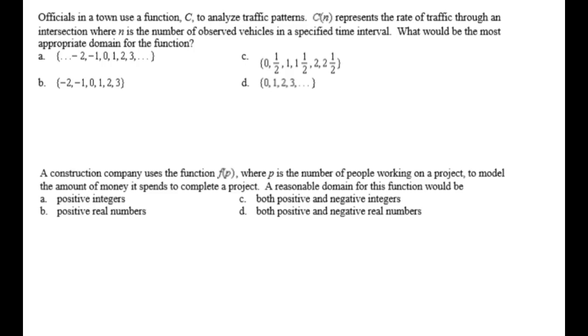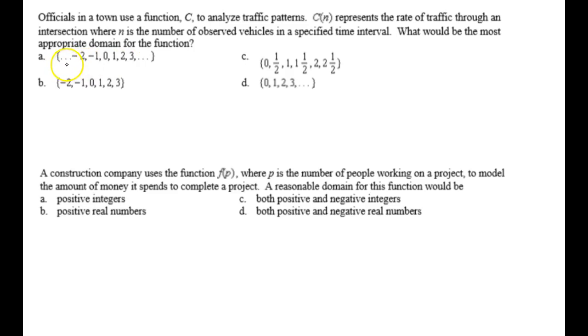Now we're going to go through a few examples determining which set of data is most appropriate for the domain for the given function. The first one: officials in a town use a function C to analyze traffic patterns. C of n represents the rate of traffic through an intersection where n is the number of observed vehicles in a specified time interval. What would be the most appropriate domain for the function? For part A, we have the set of integers.